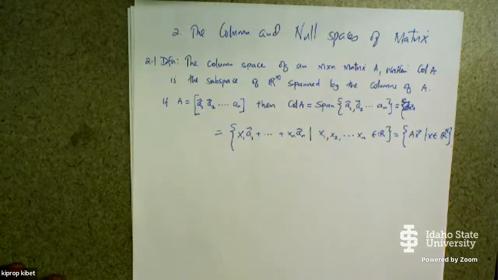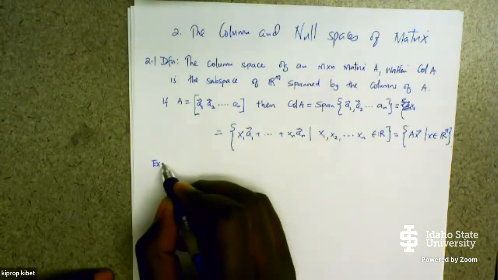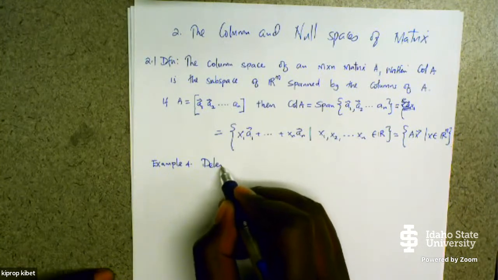Now, how can we determine whether a vector is in the column space? Let's take example 4.